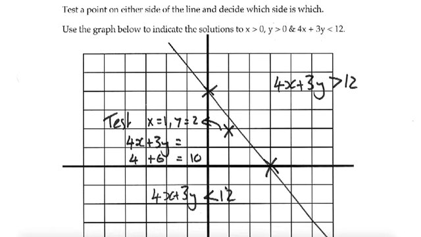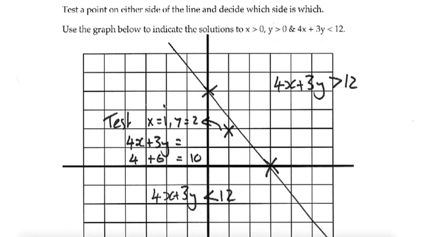10 is less than 12, so this is the side of the equation where 4x plus 3y must be less than 12. And this is the side of the line where 4x plus 3y must be greater than 12. So I figured out which side is which, and I can shade out the side that I don't want. So in this question, it's asked me to shade, to find the region where x is greater than 0.